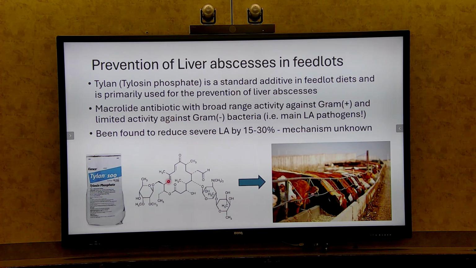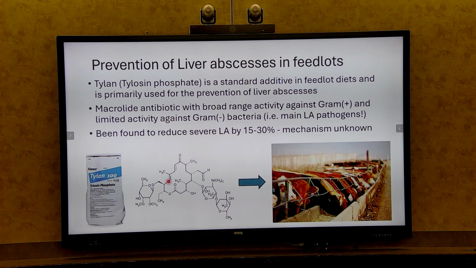So how do we prevent liver abscesses? Tylan. Tylan is the primary feed additive antibiotic. It's a macrolide antibiotic. It has broad activity against gram-positive organisms, but limited activity against gram-negative.